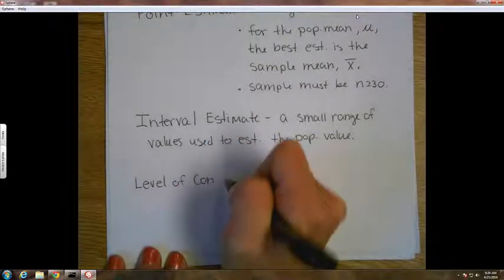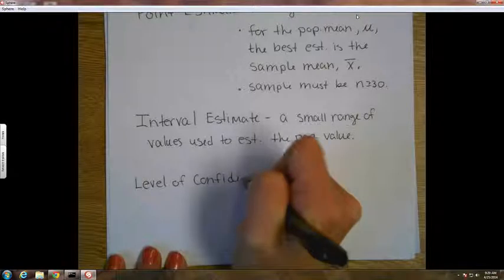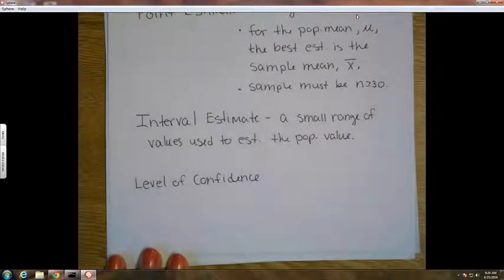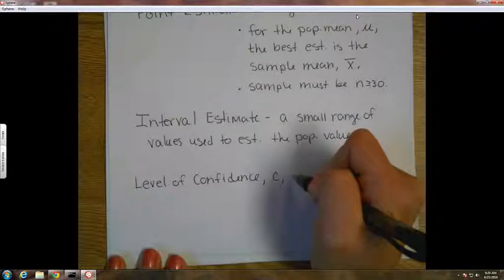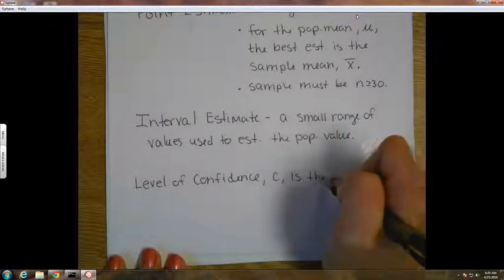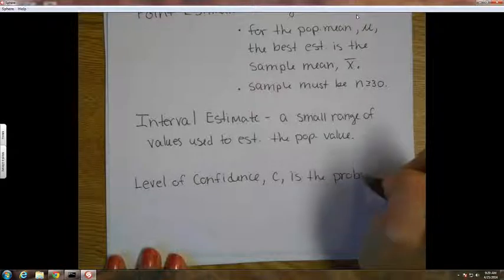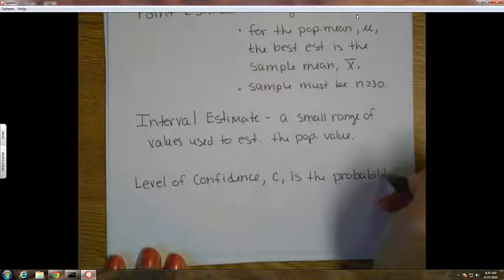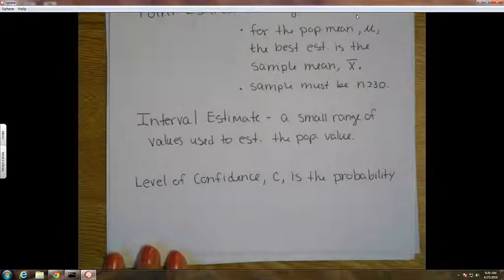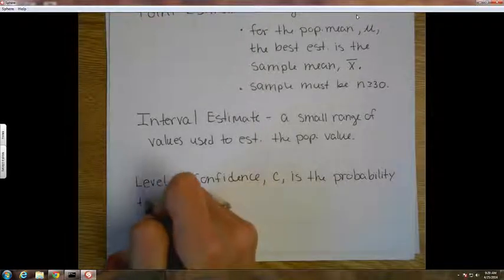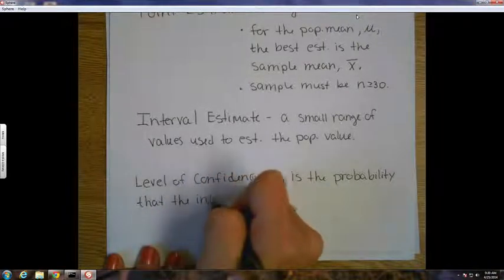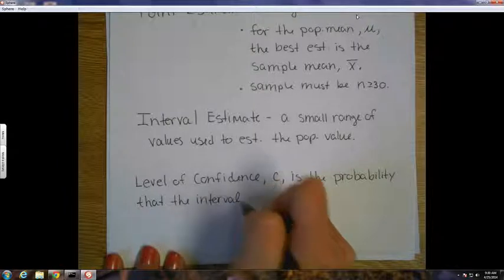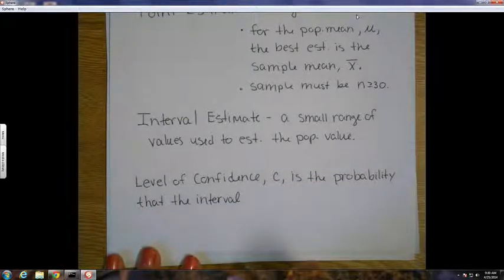So level of confidence, which we're going to use lowercase c for, is the probability that the interval actually contains the population parameter.